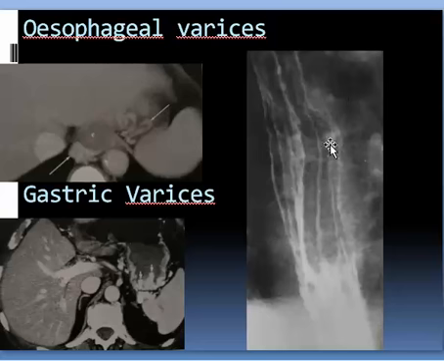And don't forget that not only the esophagus is involved in such varices, but also there is something called gastric varices and paraesophageal varices. So we have gastric and esophageal varices. This is gastric and this is esophageal. This is gastric and this is esophageal.